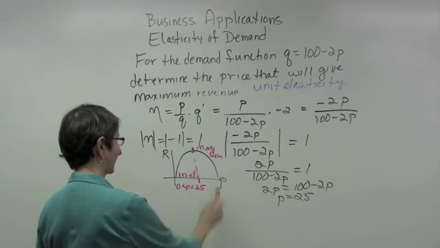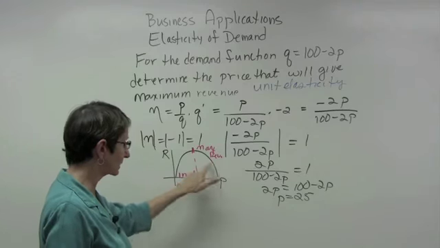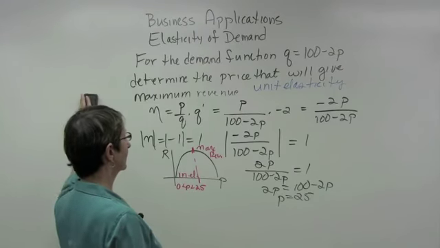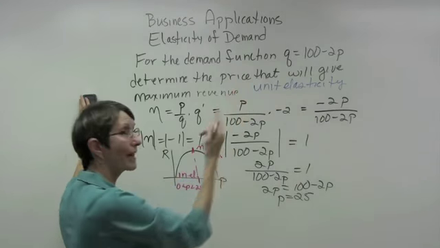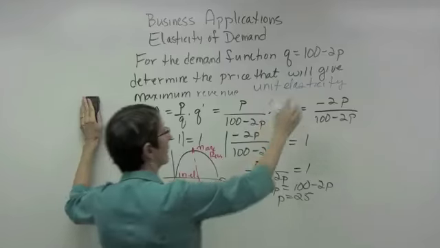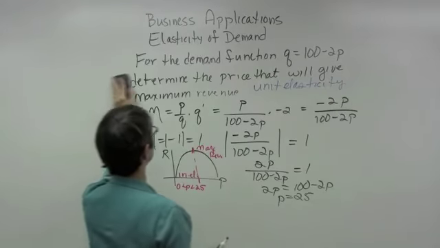But what about elastic? If we're on this other side over here, how do we know where it ends? Because it looks like it hits the end down here. So let's go back up and say Q has to be positive. Let's find out how far P can go and keep Q positive.